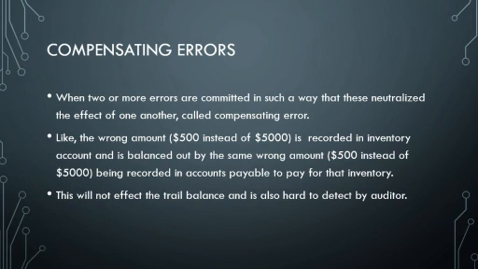Like the wrong amount of 500 instead of 5,000 is recorded in inventory account and is balanced out by the same wrong amount of 500 instead of 5,000, which was being recorded in accounts payable to pay for that inventory. This will not affect the trial balance, and it is so hard to detect by the auditor.